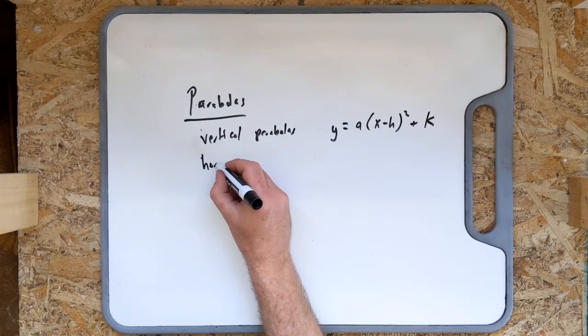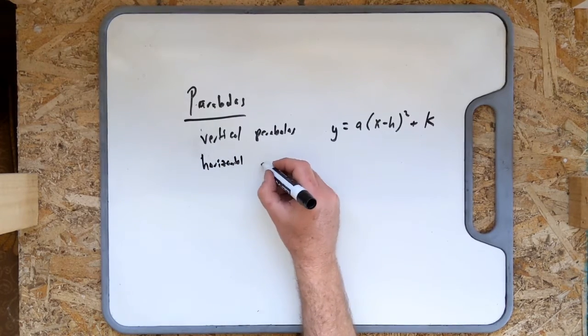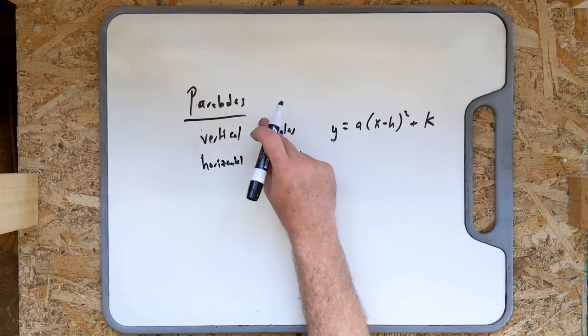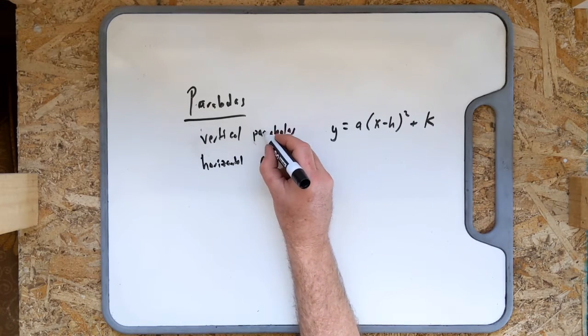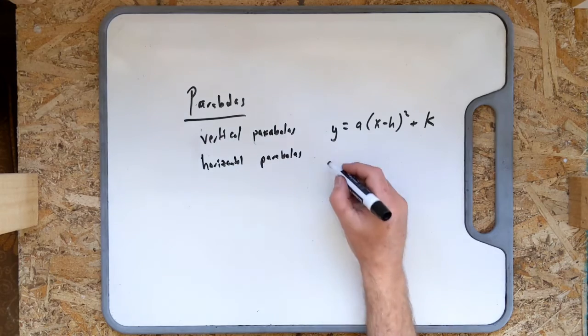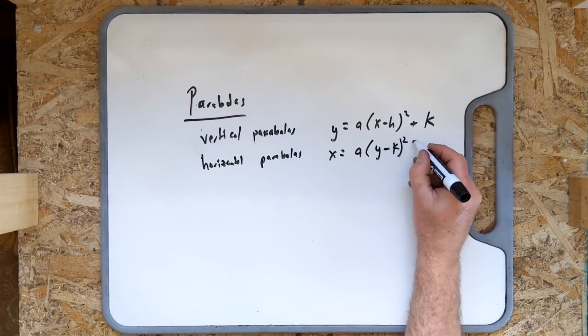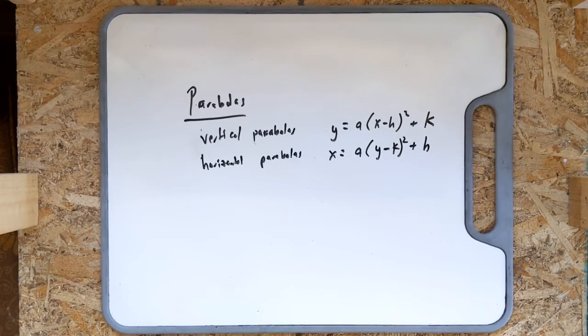You have horizontal parabolas, which are x equals a(y minus k) squared plus h.